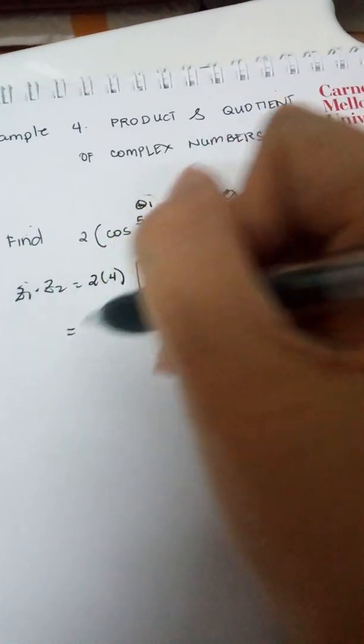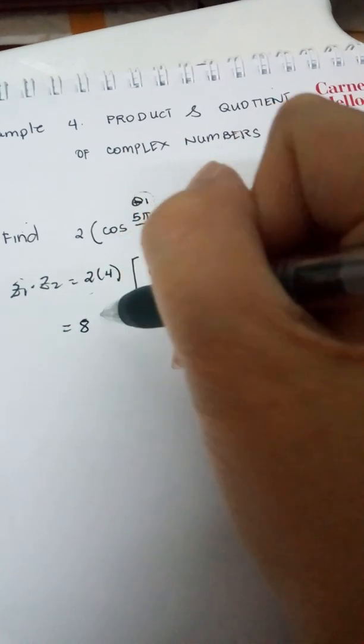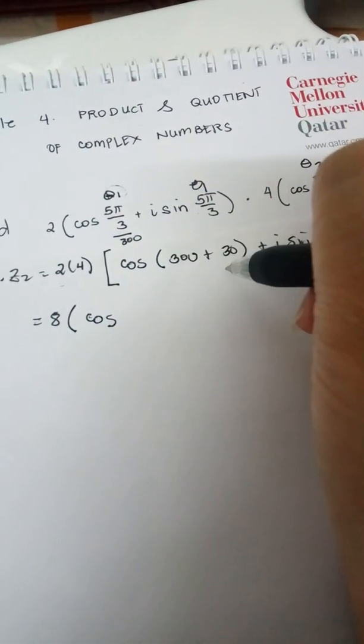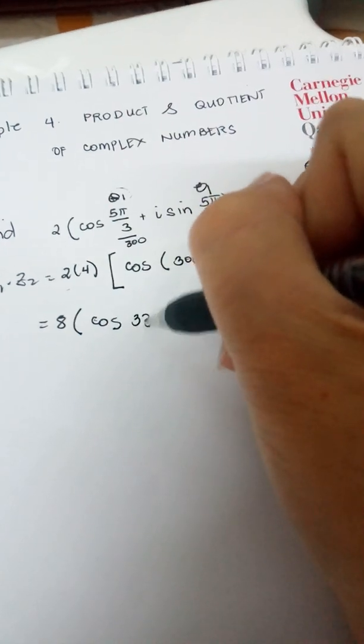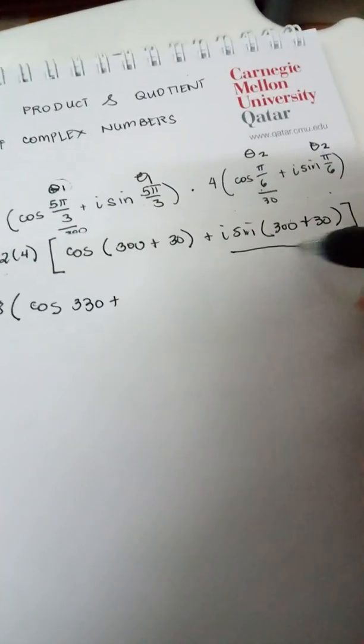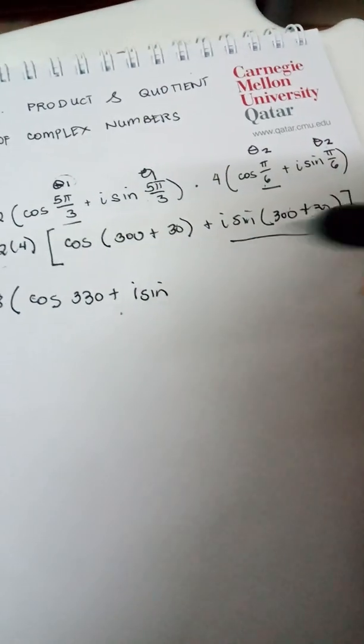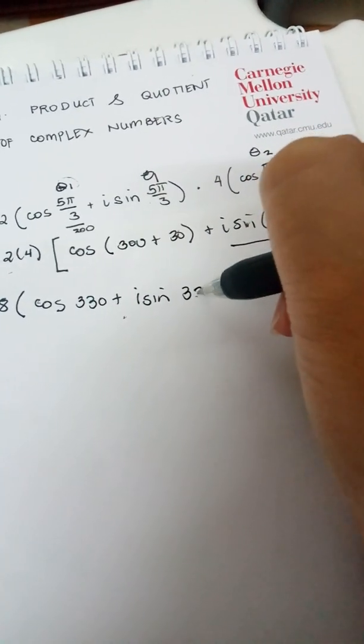So Z1 times Z2 is equal to the multiplication, 8 times cosine 90 plus i sin 90.